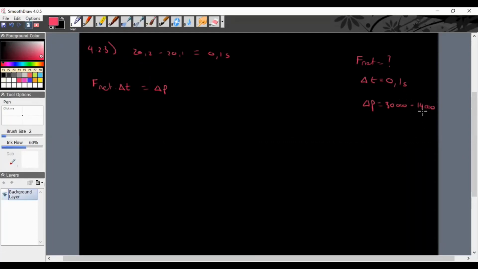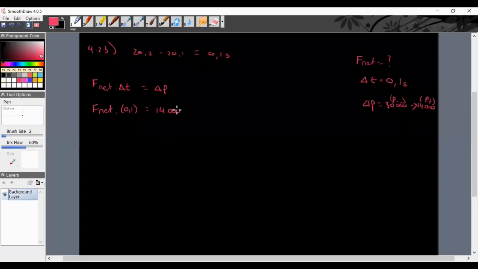In fact, it should be the other way around: this was the initial momentum, and it went to 14,000. So when I sub in, looking for the net force: net force times 0.1 equals 14,000 minus 30,000. And it is negative, of course, because we went from 30 to 14.